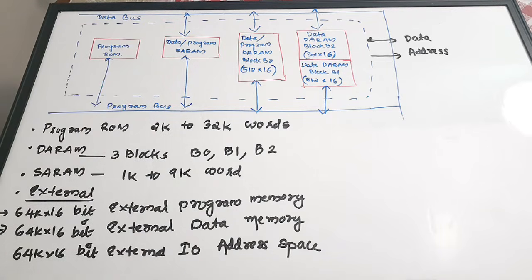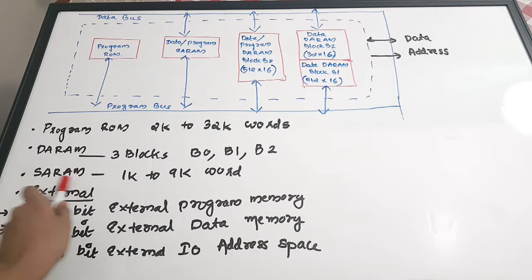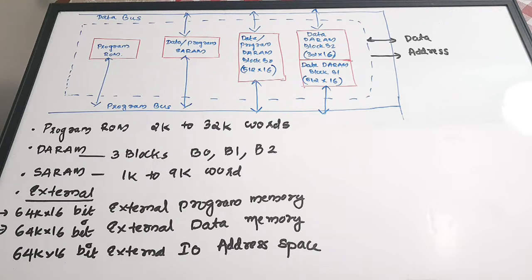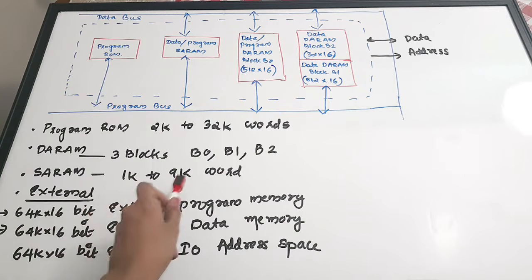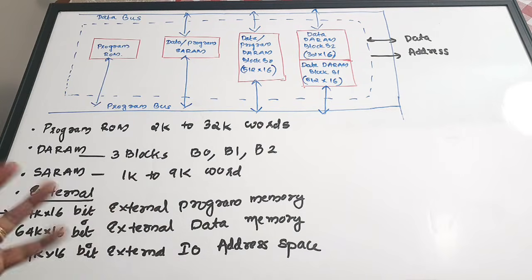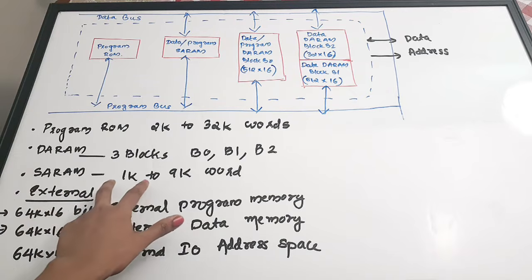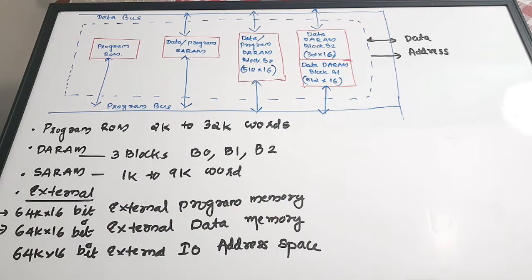data/program SARAM. SARAM means single access RAM. SARAM is single access RAM, and the size is from 1K to 9K. It depends on the various versions of this processor, since this processor has various variations in its series, so the size can vary from 1K to 9K words.